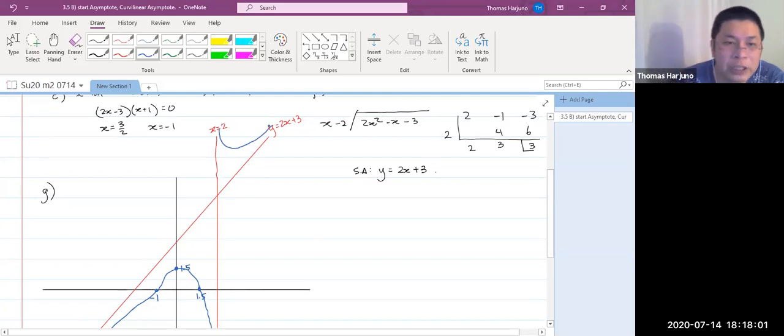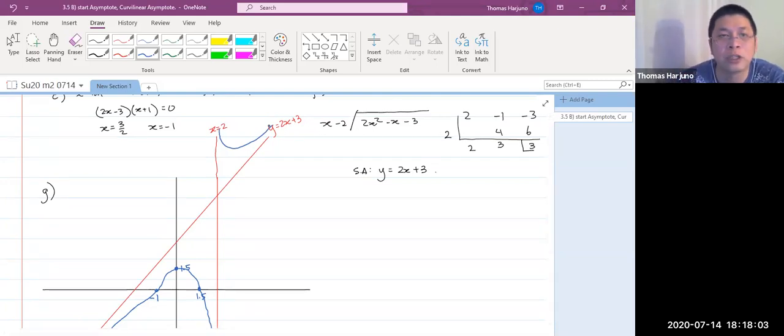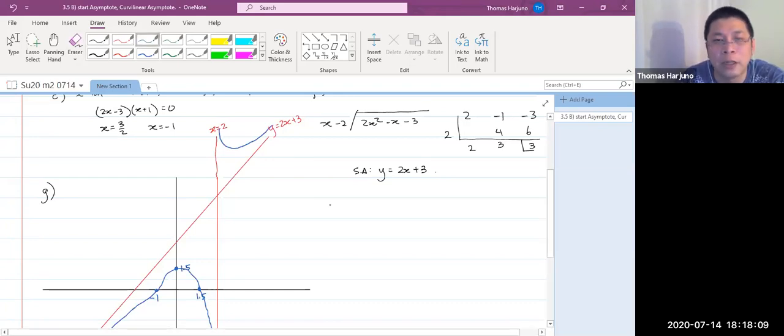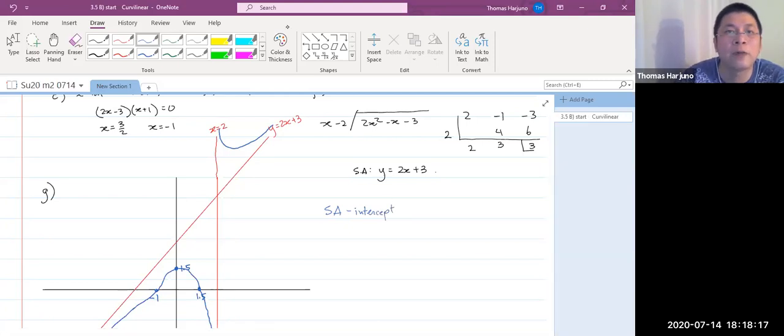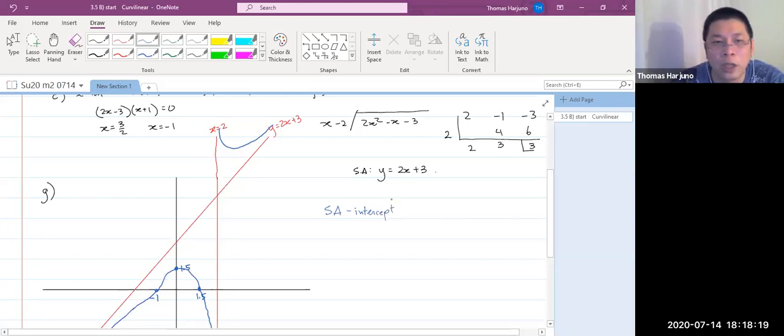Now, to get more detailed about this, we can do the following. For example, one extra thing: the slant asymptote intercept. If the graph of the function intersects with the slant asymptote, then I will set the function equal to the slant asymptote.